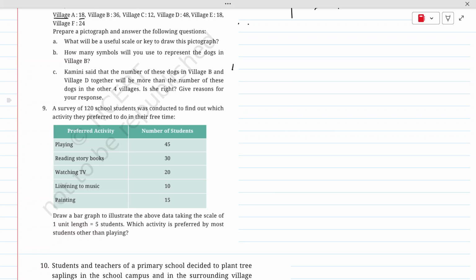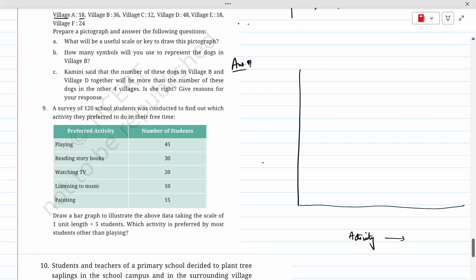What we will do here, kids, let me write down answer number 9. We have to make straight horizontal and vertical lines, so you have to use a ruler. I am writing activity on this axis, and vertically we are plotting the number of students.